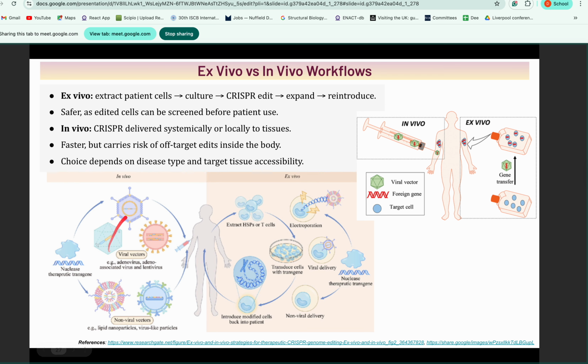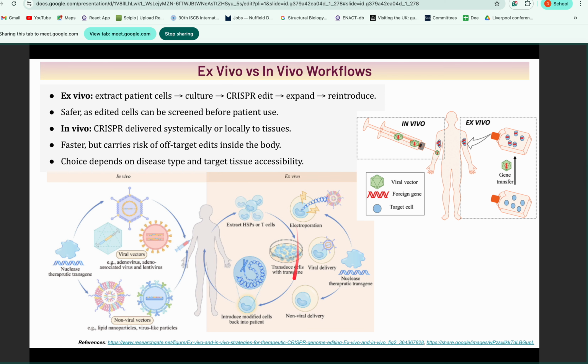In in vivo, we use these vectors and directly insert the CRISPR-Cas9 into the host, and then within the host, it will treat that gene. Whereas in ex vivo, we extract the HSCs, human HSCs, and T cells, and collect them. We transduce the cells with the transgene, we correct that particular gene, and then we introduce the modified cells back into the patient.